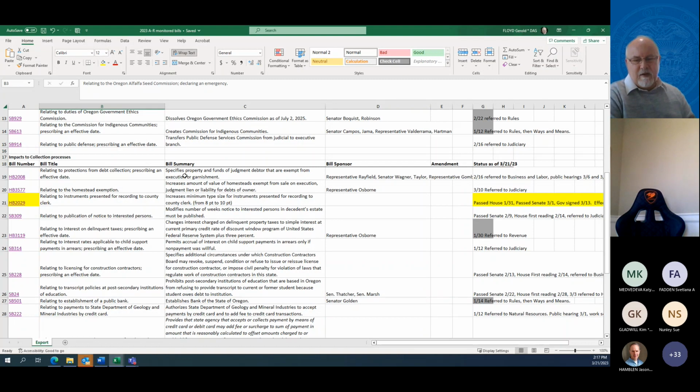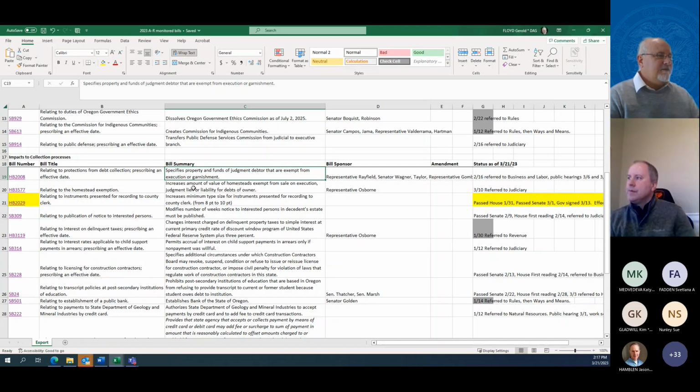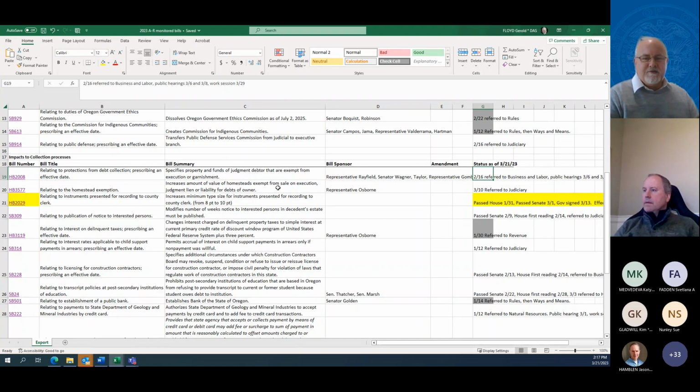And it probably happens occasionally, but it's not an agency's first desire to be in the business of getting rid of vehicles. So the wage garnishment is one that we'll definitely keep an eye on. It has a work session next week, so that's probably where they're going to introduce that amendment. And so if you're an agency that deals with garnishments, that's one to keep your eye on.